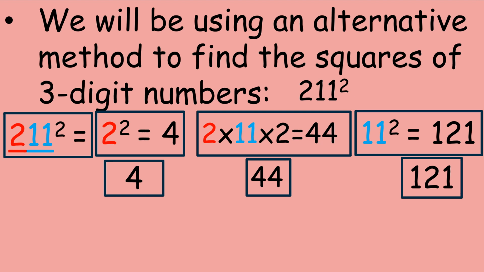And then the middle term, which is the second term, is obtained by multiplying the 2 times 11 and then multiplying by the 2, which gives us 44. So our first term is 4, second term is 44, and our third term is 121.